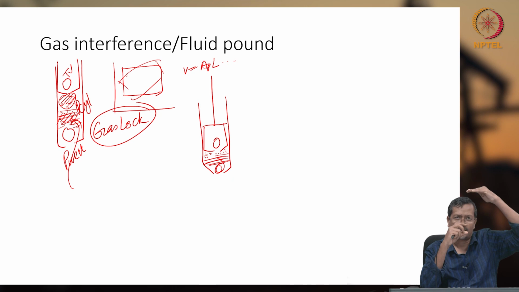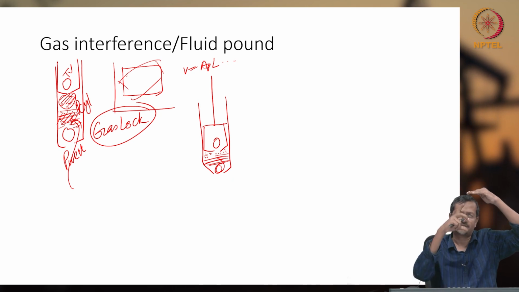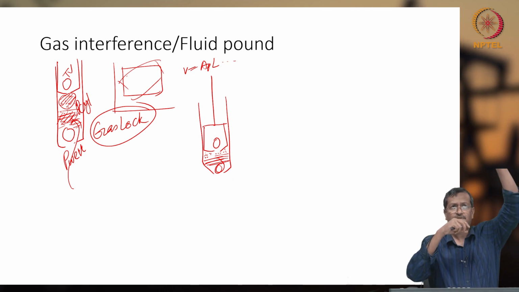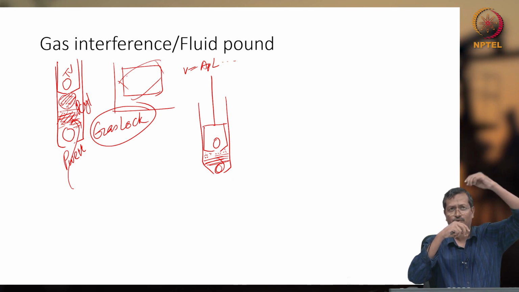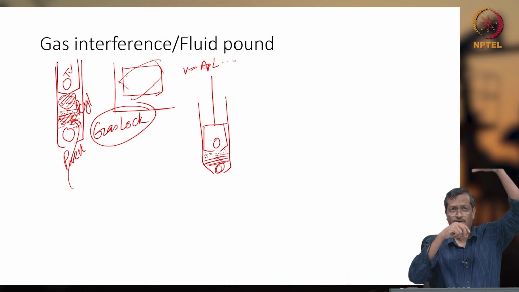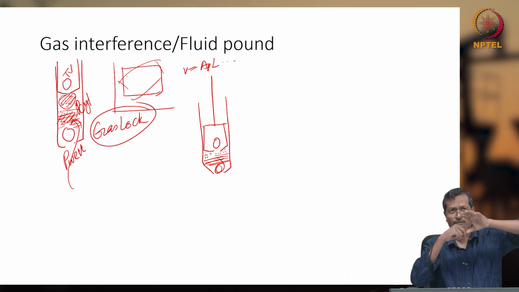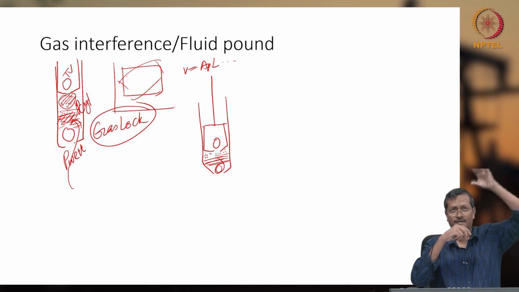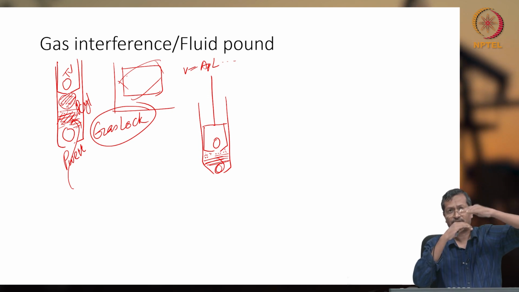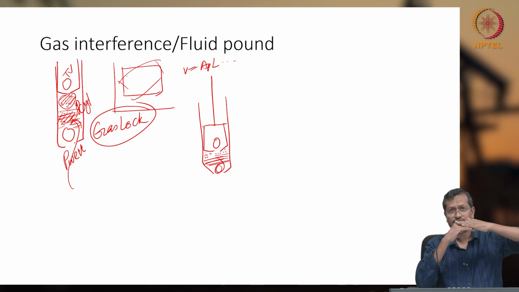In the cylinder, some portion is liquid and the maximum portion is gas. When the plunger is moving down, because of its fluid load and weight load, its speed will be higher. When it is moving up, speed will be lower. When it is moving down, speed is very high. At high speed, when the piston or plunger hits the liquid surface, it creates lots of vibration.